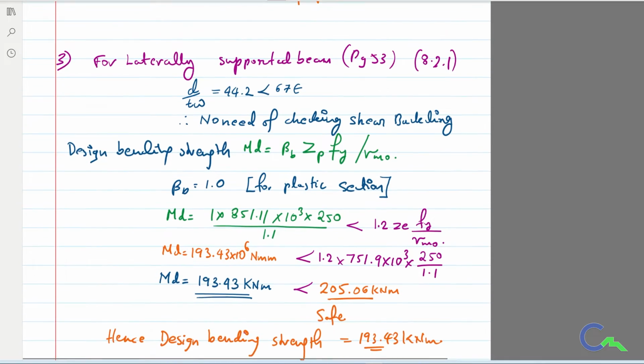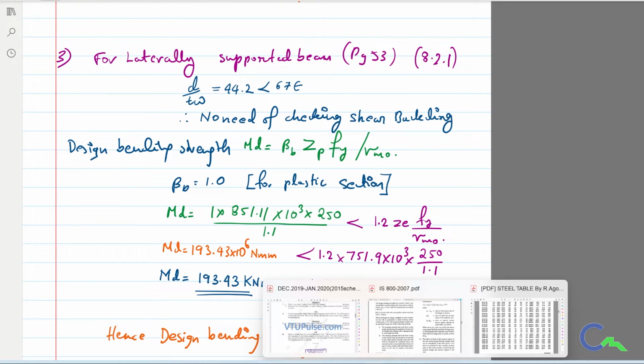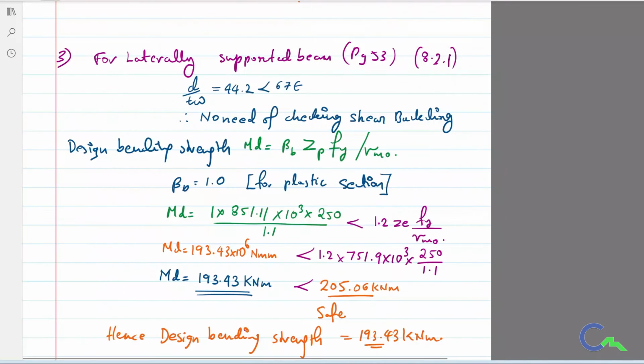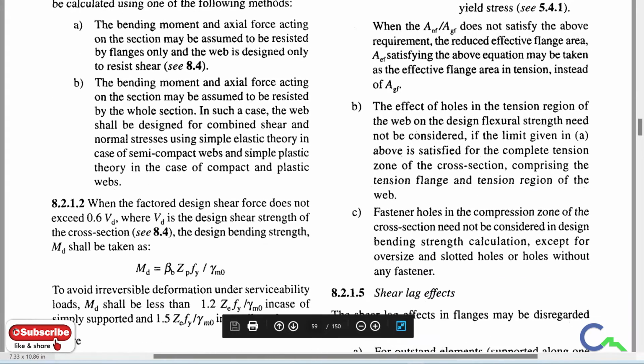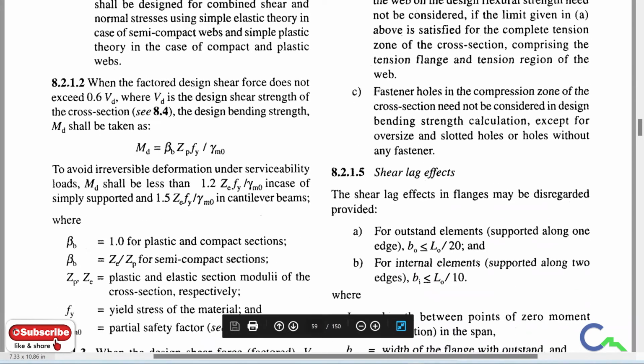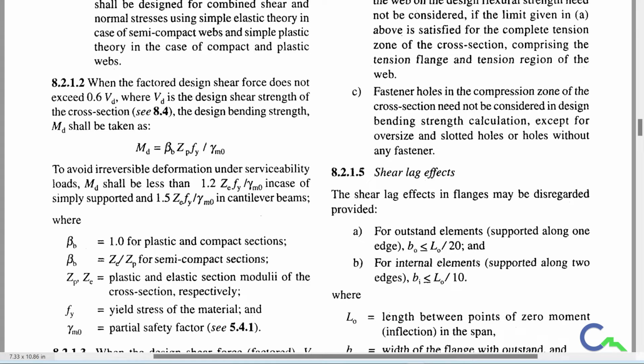So directly I can go to clause number 8.2.1.2. The design bending strength is given by the formula Md equals beta B Zp into Fy divided by gamma M naught. Whatever value we get should be less than, for the simply supported condition, 1.2 Ze Fy divided by gamma M naught.